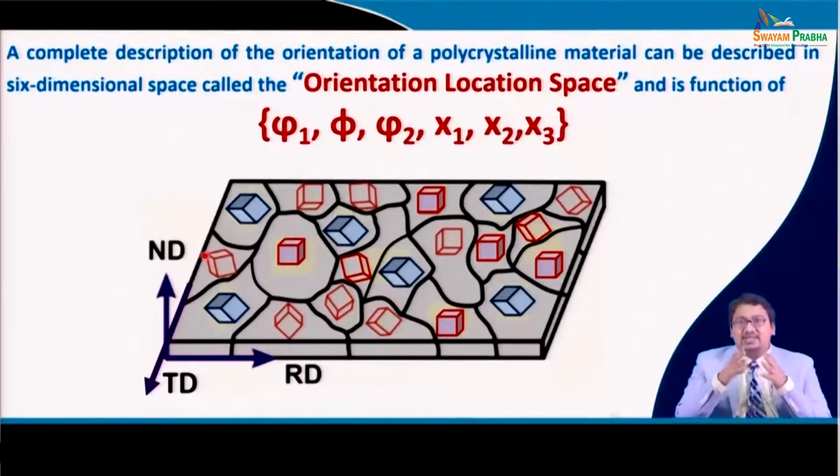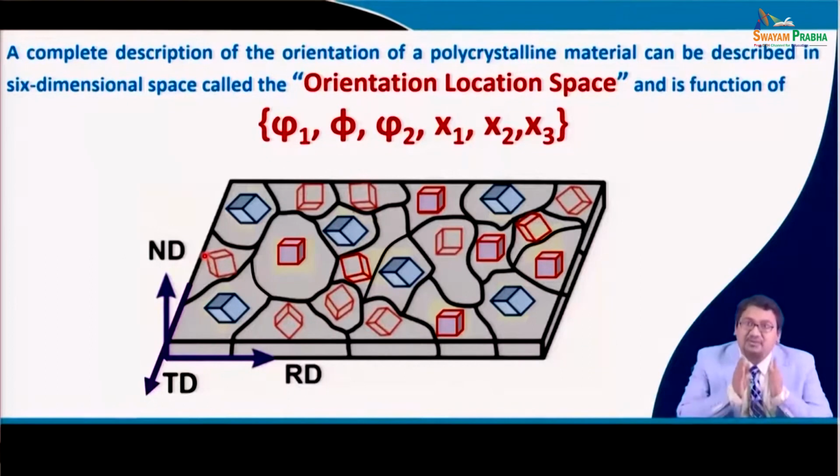On the other hand, if we do a 3-dimensional texture analysis by using, say for example, electron backscatter diffraction in a scanning electron microscope, and then we do an ion beam milling so that we can dig a little deeper into the surface and do another electron backscatter diffraction, and dig and do another electron backscatter diffraction, so that we obtain the information from the z axis inside the sample. So, x, y and z or x 1, x 2 and x 3 information.